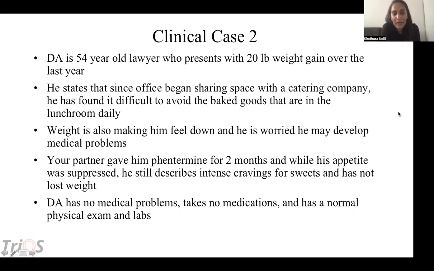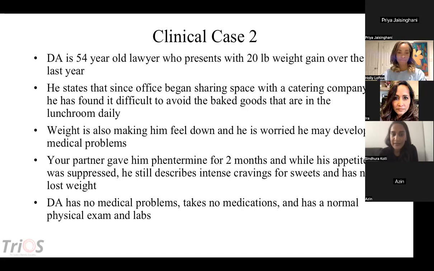So when we look at clinical case 2, this is a Mr. DA, a 54-year-old lawyer, who presents with a 20-pound weight gain over the last 1 year. So more of a recent weight gain. He states that since the office began sharing a space with a catering company, he has found it difficult to avoid baked goods that are in the lunchroom daily.